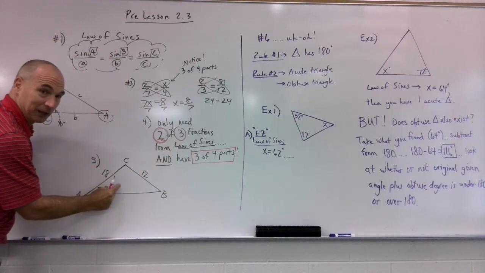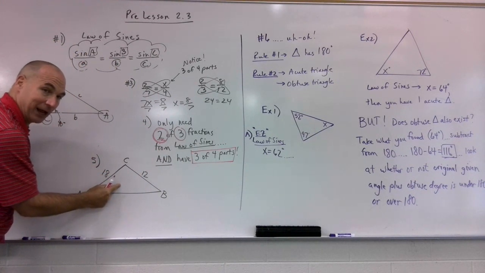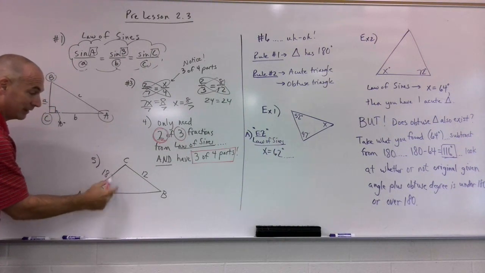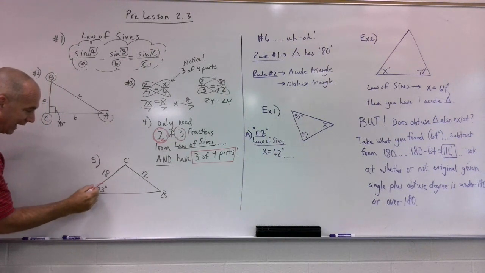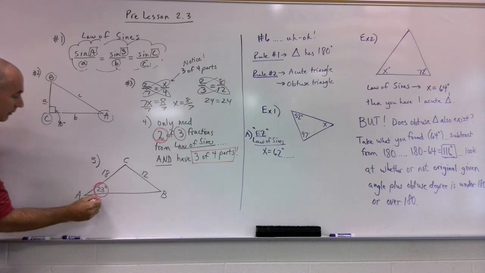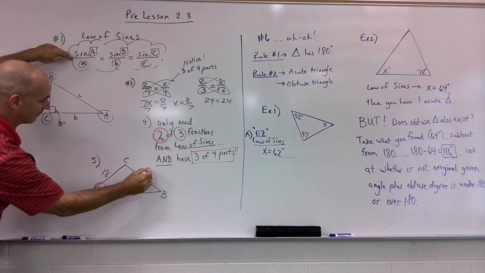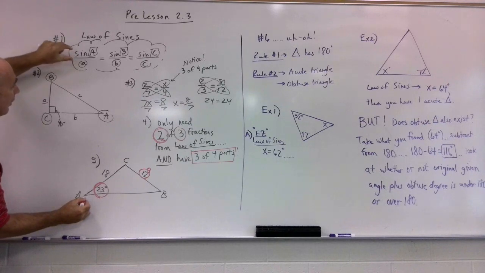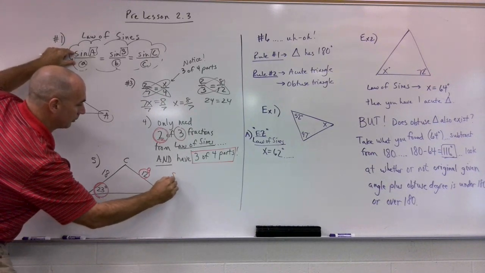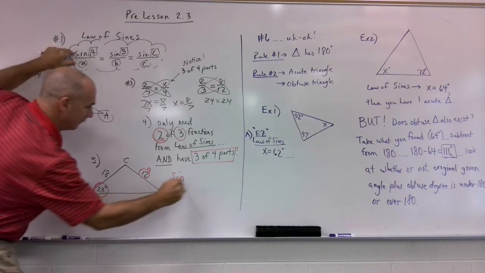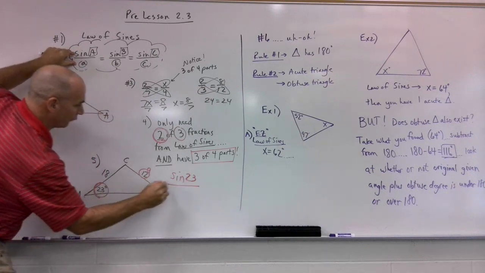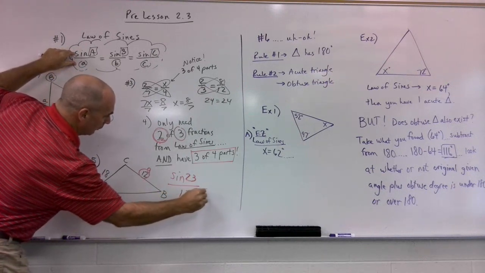Look at this triangle. I tried to make it non-right triangle looking, and here's the deal. Here I obviously have angle A, so it looks like I'm going to use this one. And I also have side A, because that's opposite angle A. So I'm going to pick this one fraction, and I'm going to go sine of angle A, which is 23, over side A, which is 12, equals.